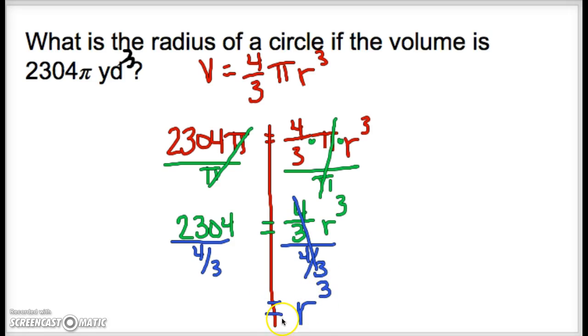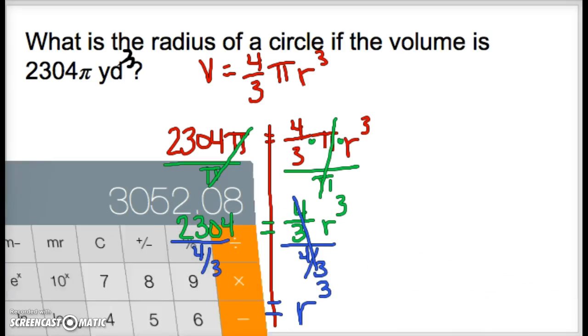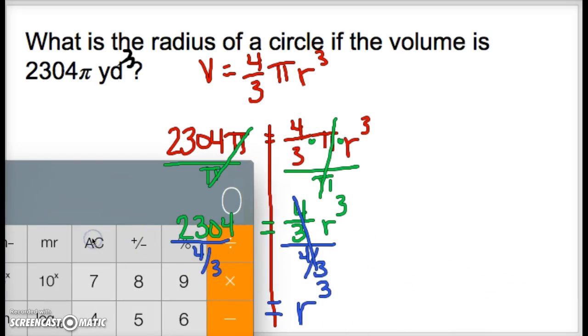For r cubed, I'm going to pull up my calculator to do this part. 2,304, and I'm going to multiply it by 3/4, which is 0.75. You get 1,728.